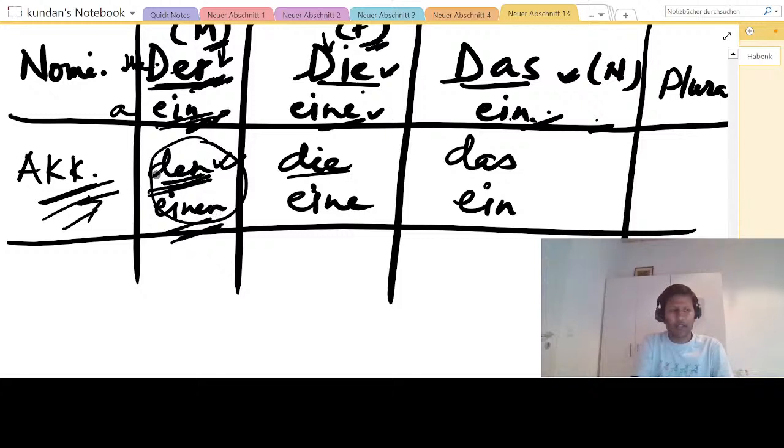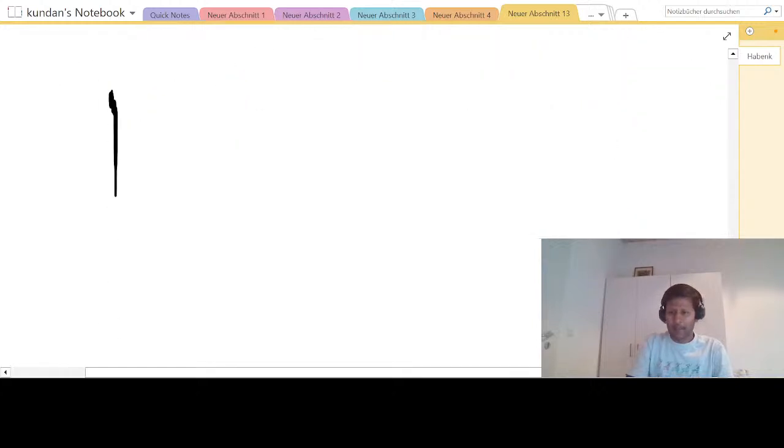So only one thing is changing, that is masculine. The rest is the same. In nominative also eine, in accusative also eine, there also die, here also die. Nothing else is changing, only your masculine part. Der becomes den, ein becomes einen. Is there any doubt in this?